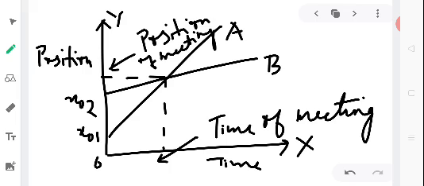So from the time axis, we can find out the time at which the two objects will meet, and from the position axis we can figure out the corresponding value of position at which the two objects will meet. That is the point of intersection of the graph.